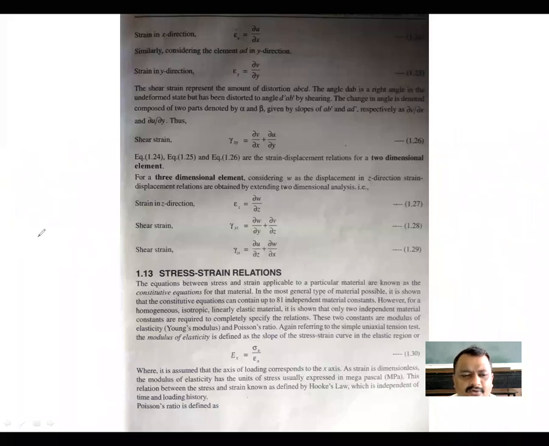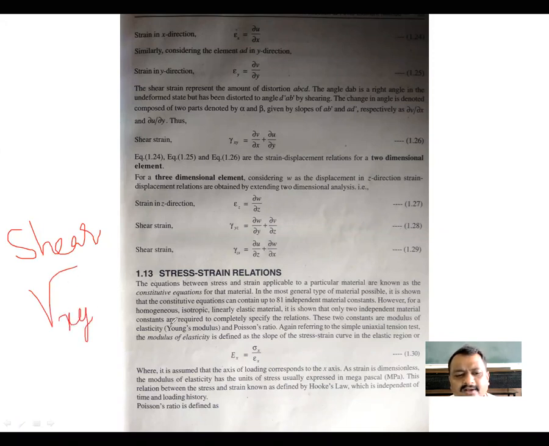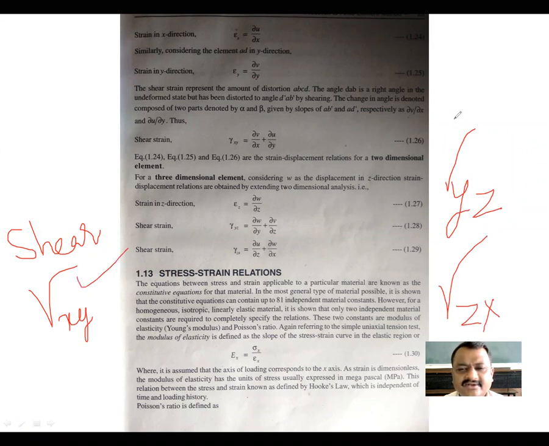Now what should I do to obtain shear strains? Shear stress and shear strains are also there because the member is loaded both laterally and longitudinally. So gamma xy is the shear strain in xy plane. Similarly, you have gamma yz and gamma zx. So all these are three shear strains.